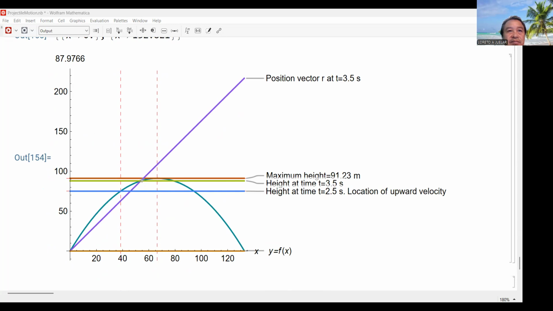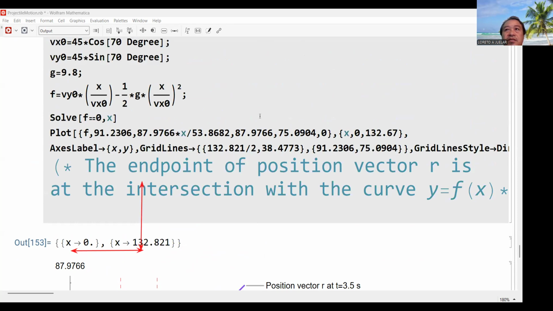So this is the height of the projectile after a time of 3.5 seconds. And after a time of 3.7, the x component of the displacement is equal to, so this one.